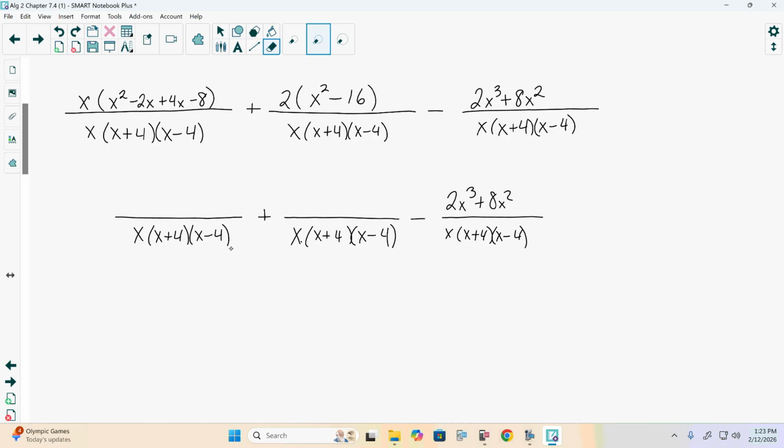In the middle expression, we are going to have to multiply by 2. In that first set of parentheses, I'm going to combine like terms. We could, if you've already multiplied through by x, that's perfectly fine. We'll get to the same spot.